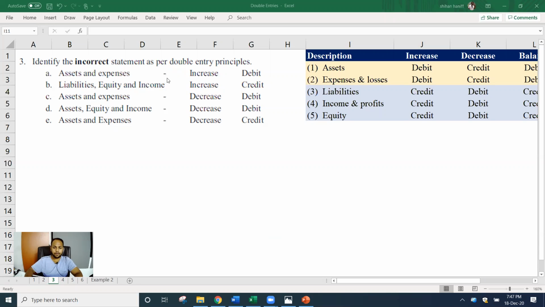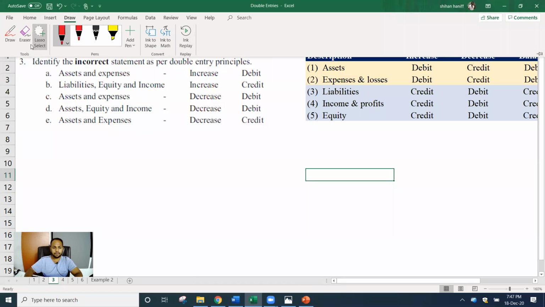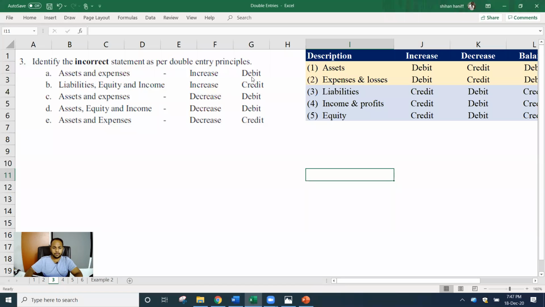Identify the incorrect statement as per the double entry principle. Assets and expenses increase, debit. Liabilities, equity, income increase, credit. So the first one is correct.